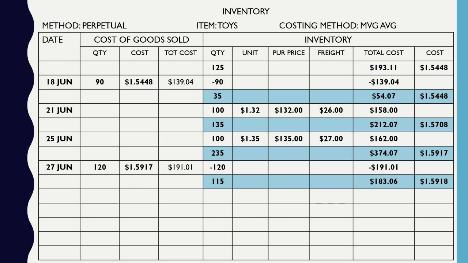Your average cost will always change by a tenth of a penny, 1/1000 of a penny, because you have a new total cost and a new quantity. So that minor 10,000th of a penny can make a difference.